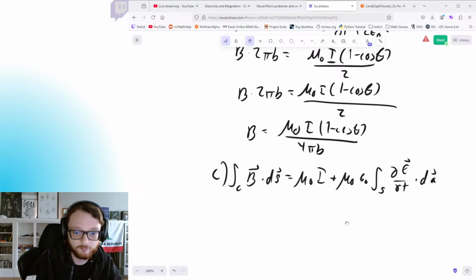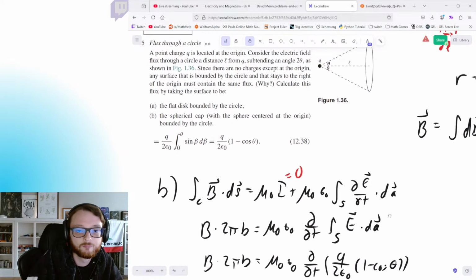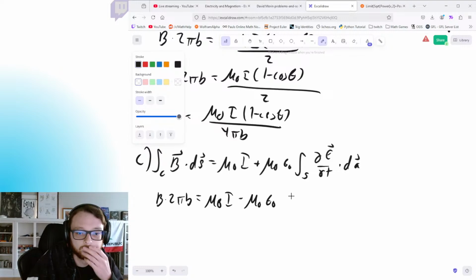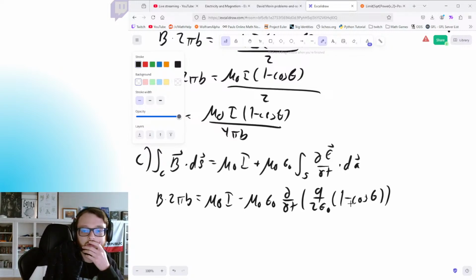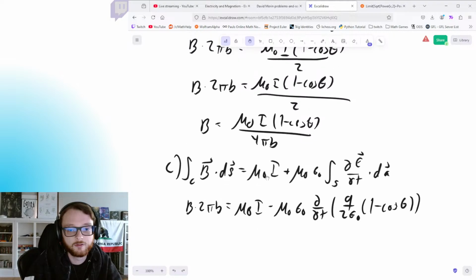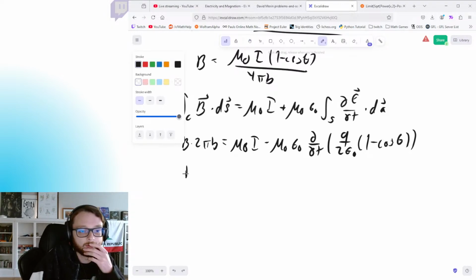Well, it's a plus. What happens here? I think the cosine is going to flip signs, and that's not good. But other than that, I think this would nearly work.